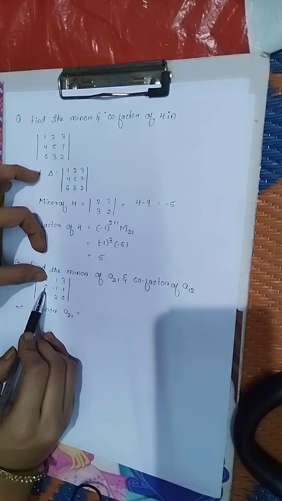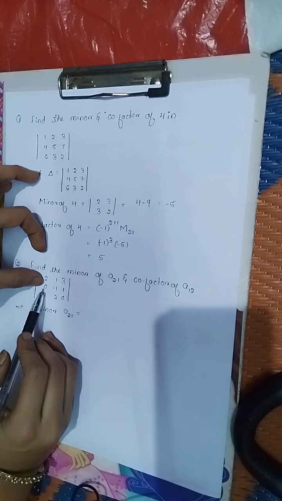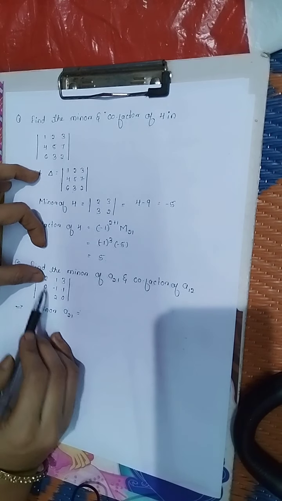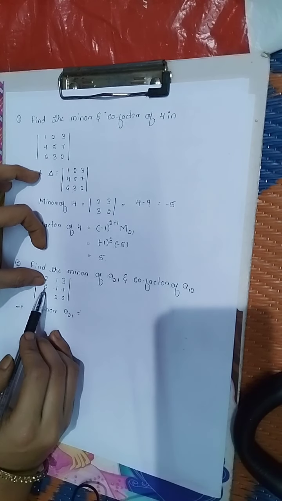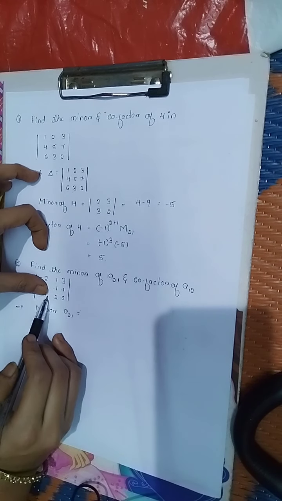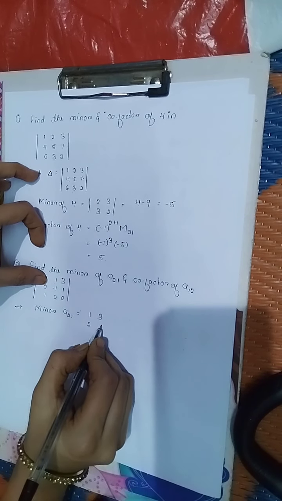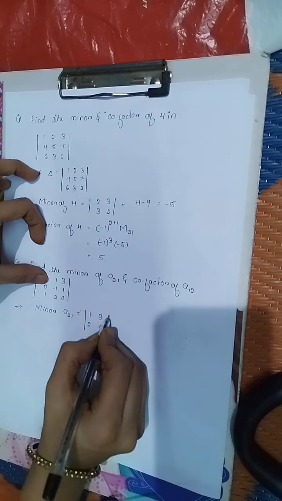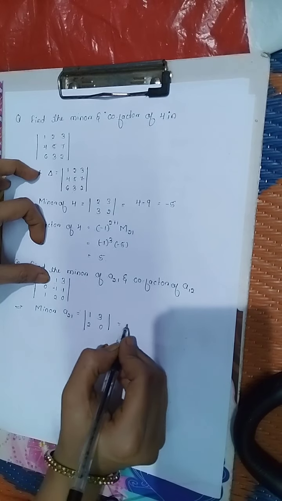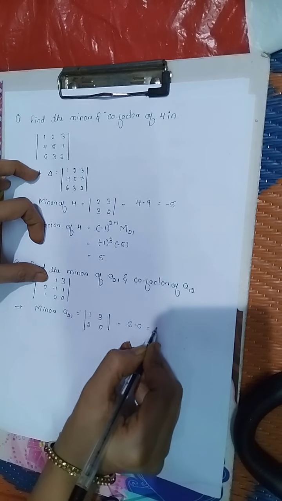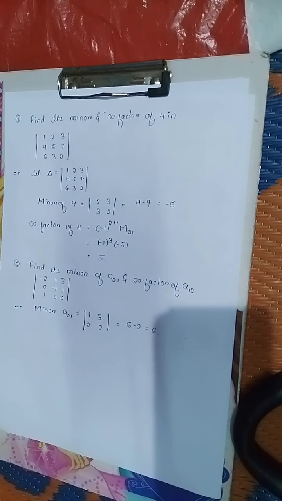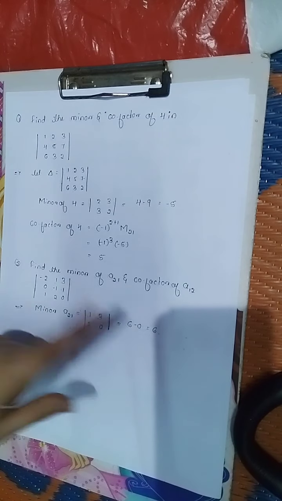Element 0 is lying on the A21 position. Therefore we have to find the minor of 0. It means we have to leave the second row and first column. Then the elements are 1, 3, 2, 0. So again cross multiplying, we get 6 minus 0, which is equal to 6. Minor of A21, that is minor of 0, is 6.